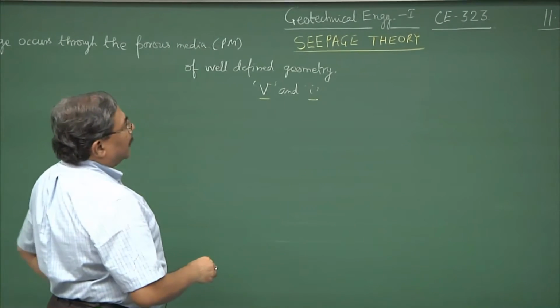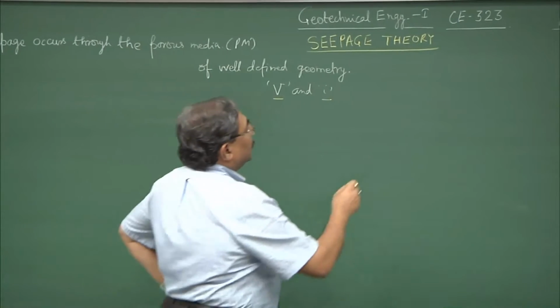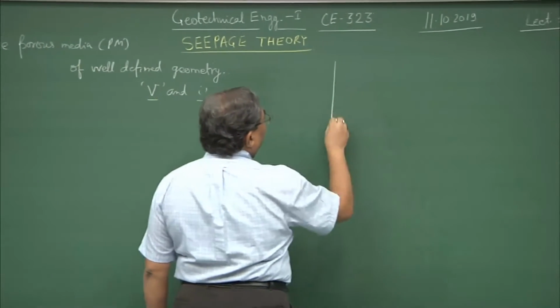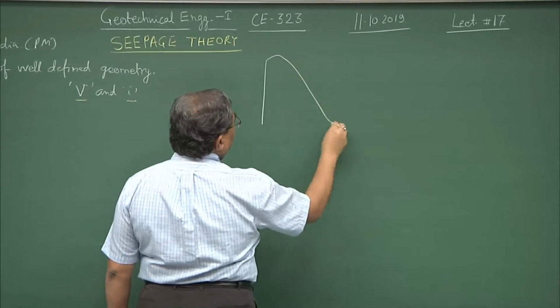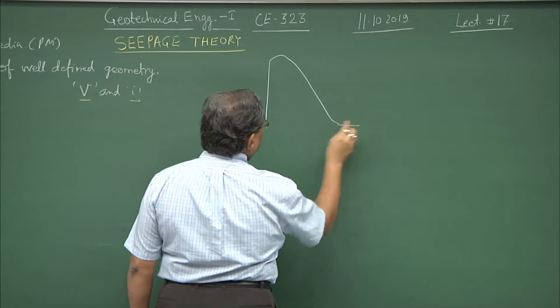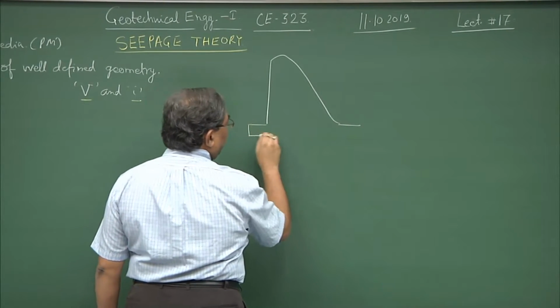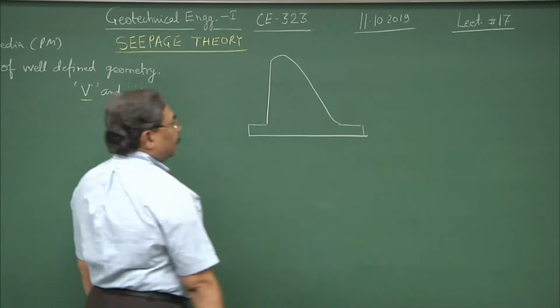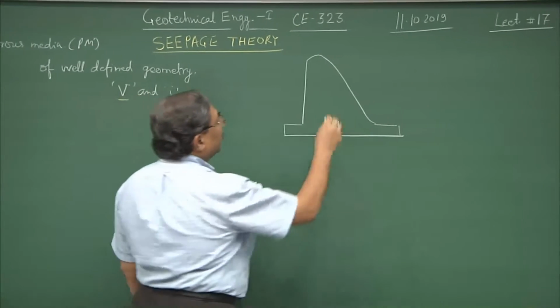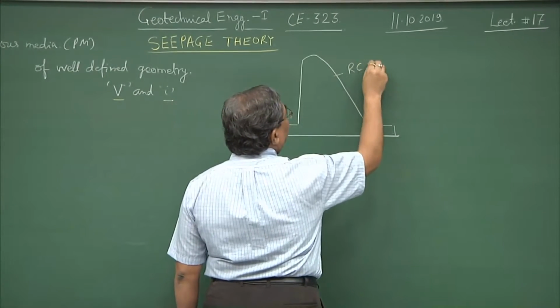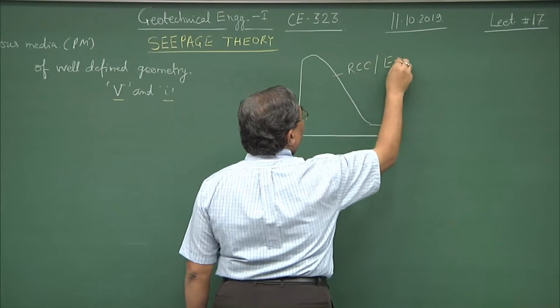Suppose there is a dam body. This dam could be made up of RCC or it could be an earthen dam.